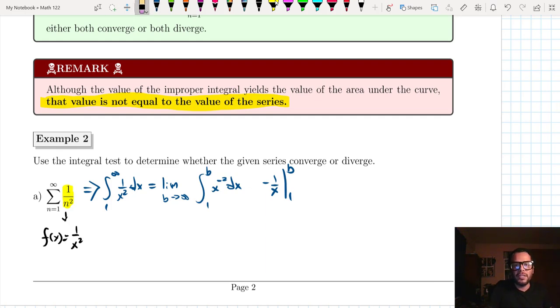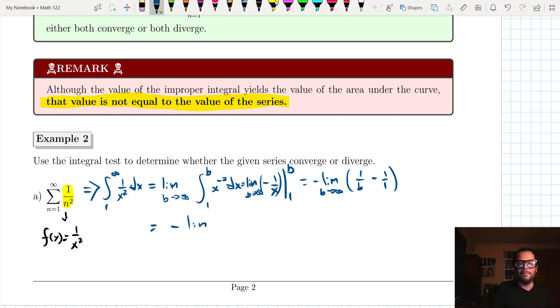Let me erase the equal sign and input it. Okay, so this is equal to the limit as b approaches infinity of this quantity. So let me pull out the negative sign in front of the limit symbol to avoid too many symbols and too many parentheses. Then I'm going to evaluate this from 1 to b, from 1 over b minus 1 over 1, which will be simply 1. Okay, let me clean this up.